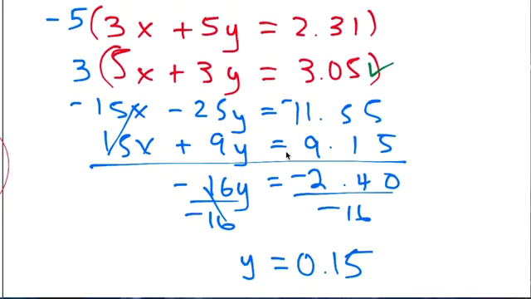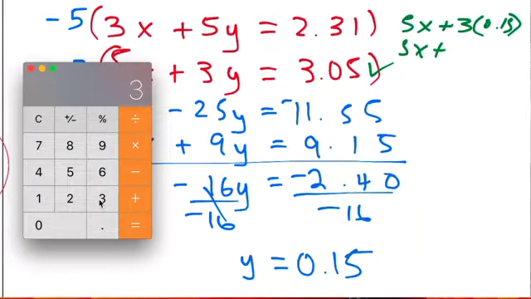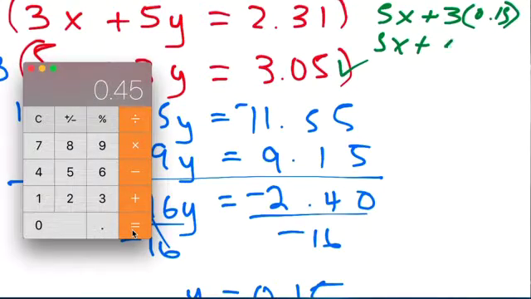So to find the bar soap, 5x plus 3 times 15 cents, 5x plus 3 times 15 we get equal 45 cents. I should know that. I shouldn't need a calculator.